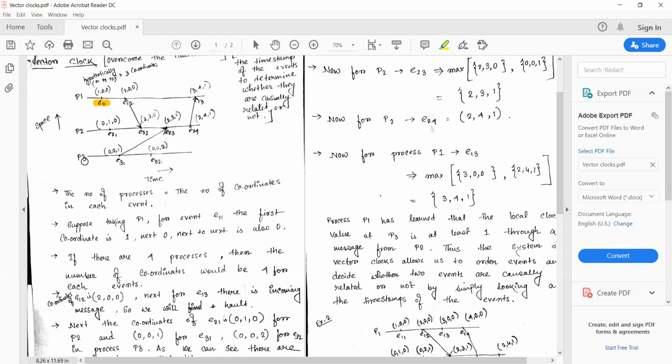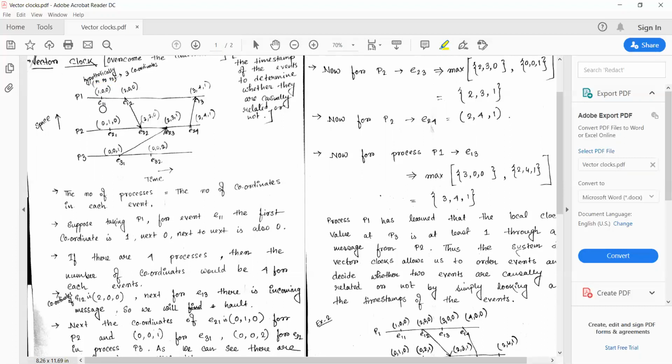Hypothetically, for each event we take P1, P2 and P3 in this way: the logical clock of P1, the logical clock of P2 and the clock value for P3. So 3 values will be there. The first one is for P1, the second one is for P2 and the third one is for P3. Hypothetically, we are just thinking in this way when taking the coordinates for the event.